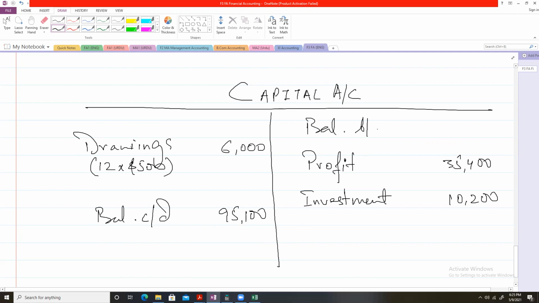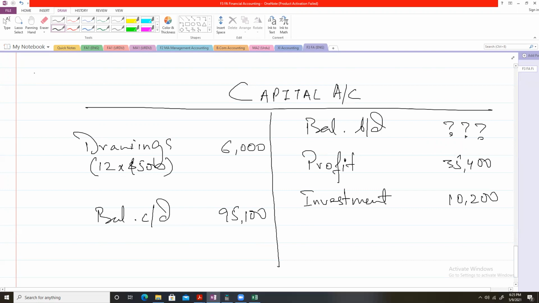Now we are required to calculate balance brought down. We do not know the opening capital. We are required to calculate the opening capital. So this question can be solved like finding out a missing figure.